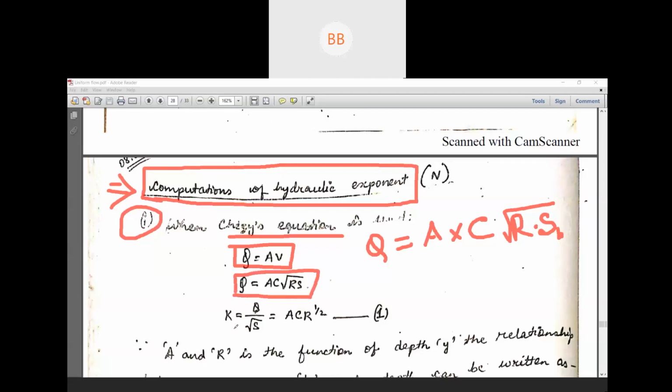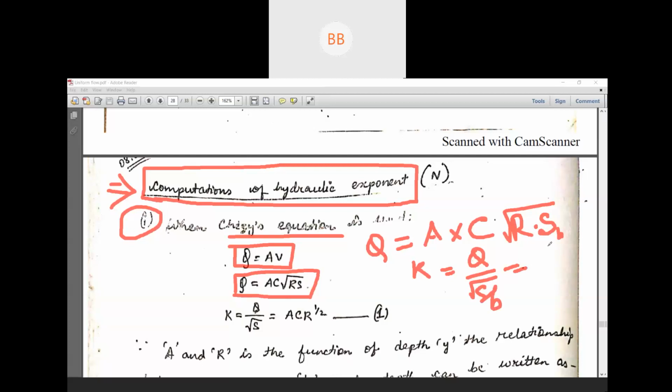Then K we have already discussed. K is nothing but Q by root over S_B.